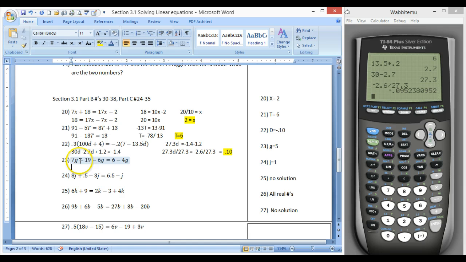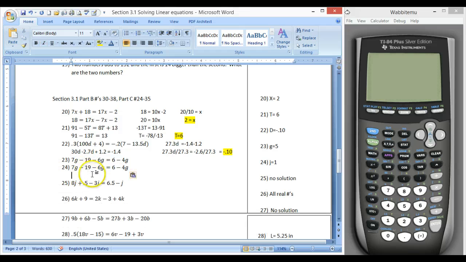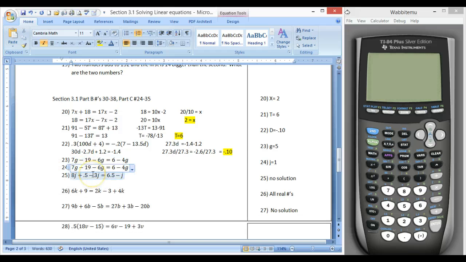So I have, again, variables on the left and on the right. So I need to combine 3 of them this time. Over here on the left, 7g minus 6g is only 1g. So I'm going to copy this, come down here and paste it. And 7g minus 6g gives me 1g. So that's just working on one side so far.